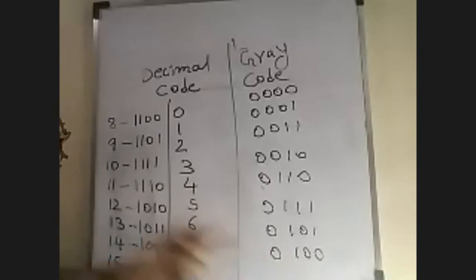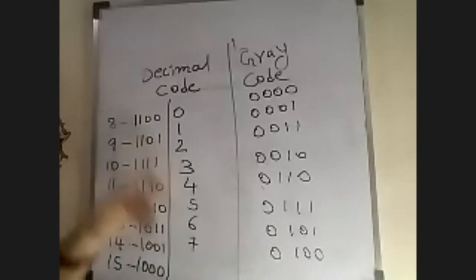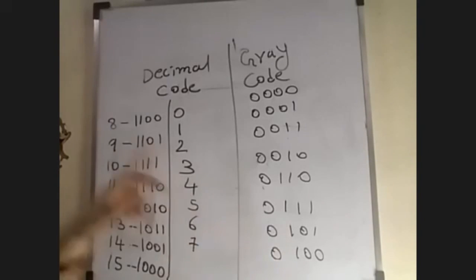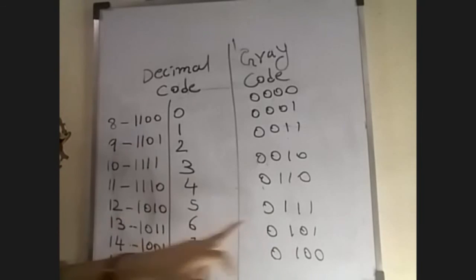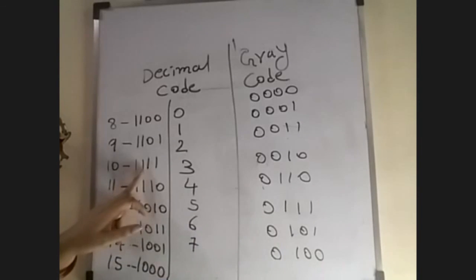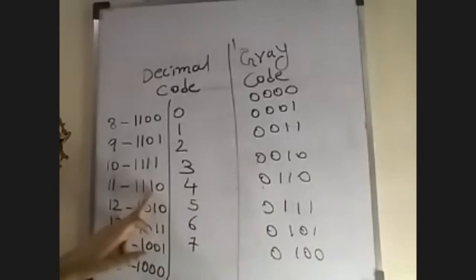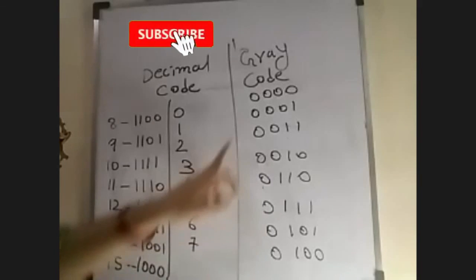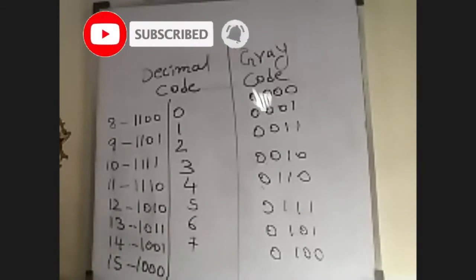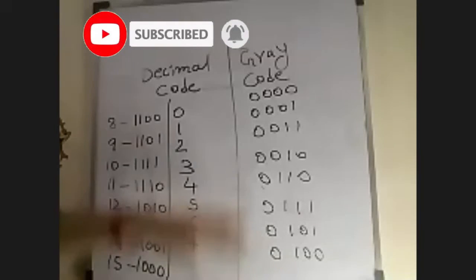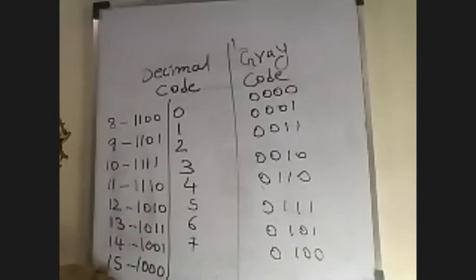So 0 1 0 0 means 1 1 0 0. Here 0 1 0 1 means 1 1 0 1. 0 1 1 1 means 1 1 1 1. This is reflective. That means 0 1 1 0 means 1 1 1 0. So instead of 0, there we can place 1, and these values are as they are from 7 to 0. Here 8 to 15, those values are coming. Is it clear?